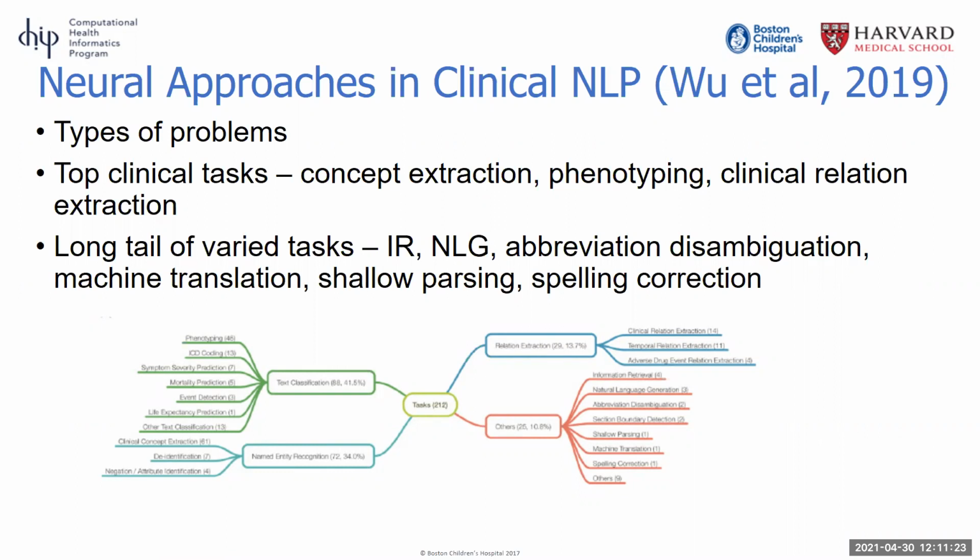So there is a variety of tasks, but the focus is mainly on these three tasks: the concept extraction, the phenotyping, and the clinical relation extraction. And actually, I haven't seen much change in this focus since 2019.